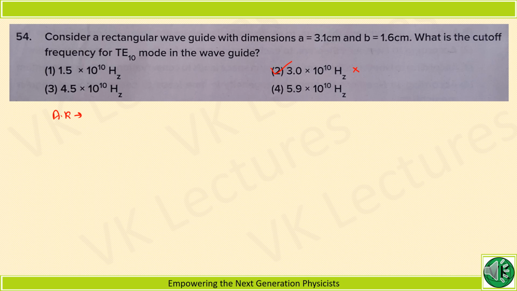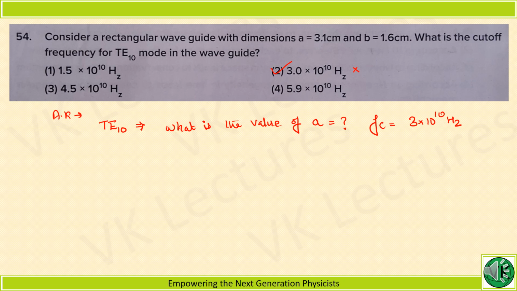So for the TE10 mode, if the answer is 3, then what is the value of a for which we have cutoff frequency Fc as 3 into 10 to the power 10 hertz?